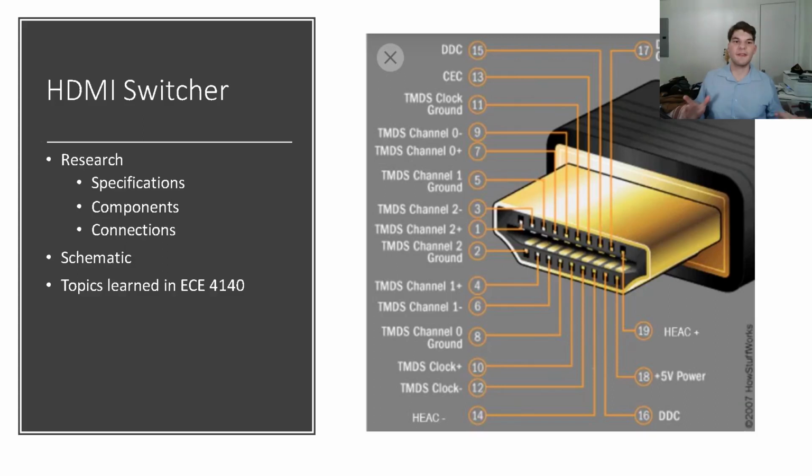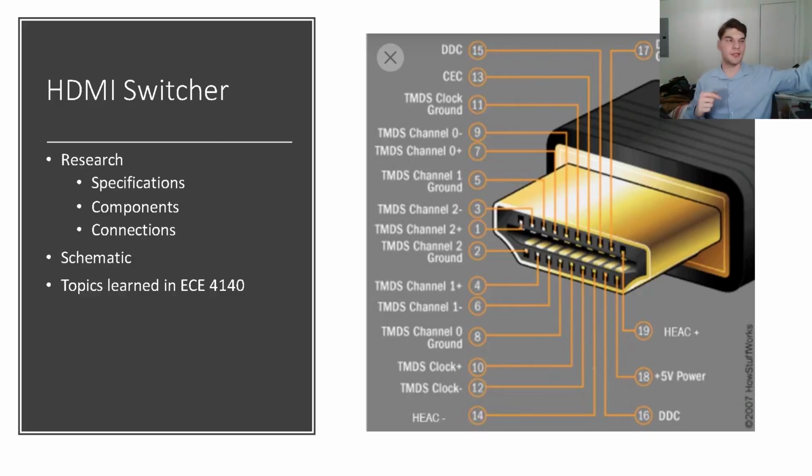So right here we have the HDMI switcher that was discussed previously. Now, that graphic, not an HDMI switcher, shows you the pins for an HDMI cable. More on that later, but a pin is essentially a part of the hardware that you connect to an external piece of hardware.